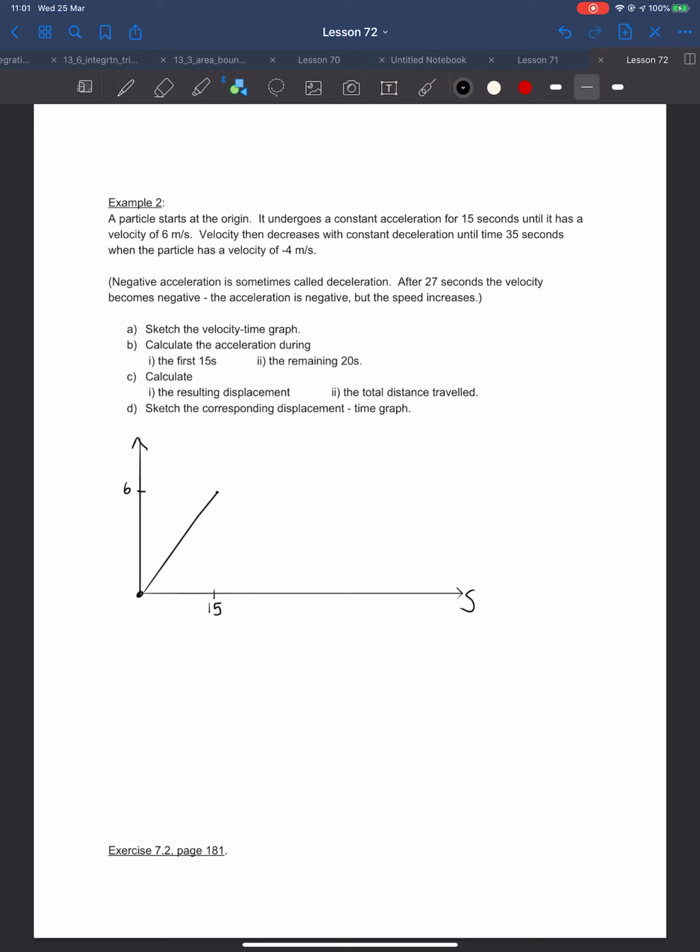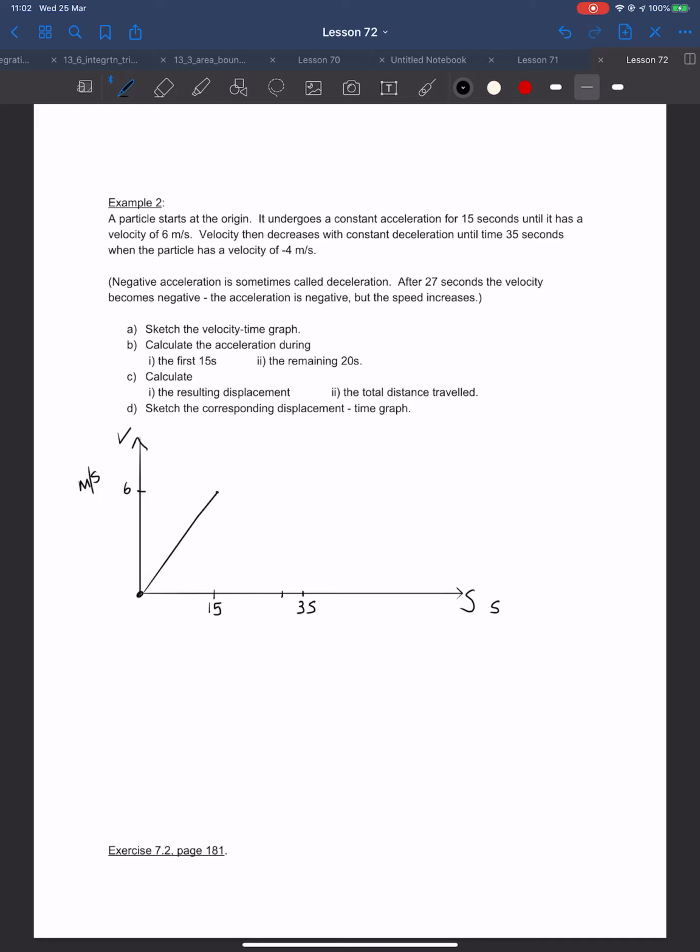Constant means it's got a straight line. So that's the velocity, and they're metres per second, and that's seconds. Velocity of 6. Velocity then decreases with constant deceleration until time 35 seconds. So that's 30, so a little bit further on.